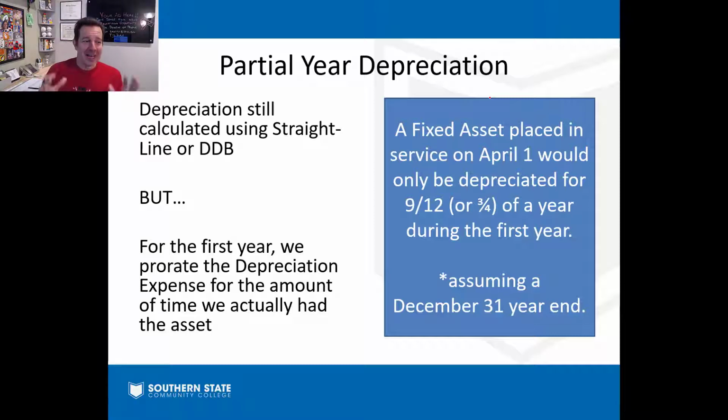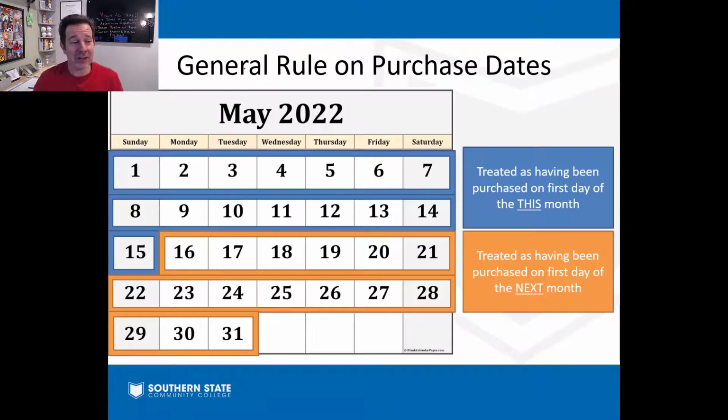So, that's the idea. We're going to work a few problems here that show you how to make that calculation. Our general rule on the purchase date: if we buy that fixed asset between the 1st of the month and the 15th of the month, anytime in that window, we can assume or treat it as having been purchased on day 1 of that month.